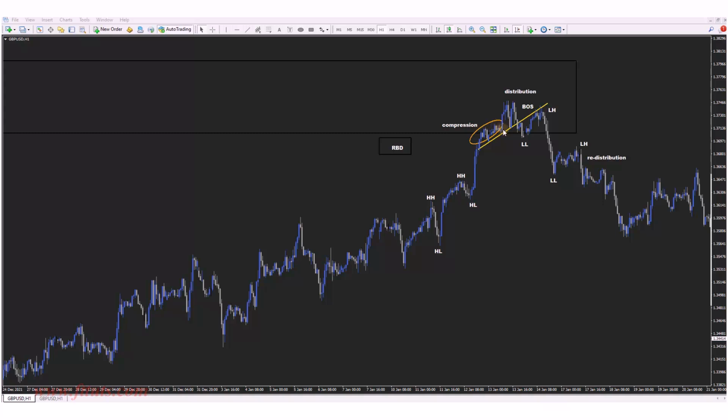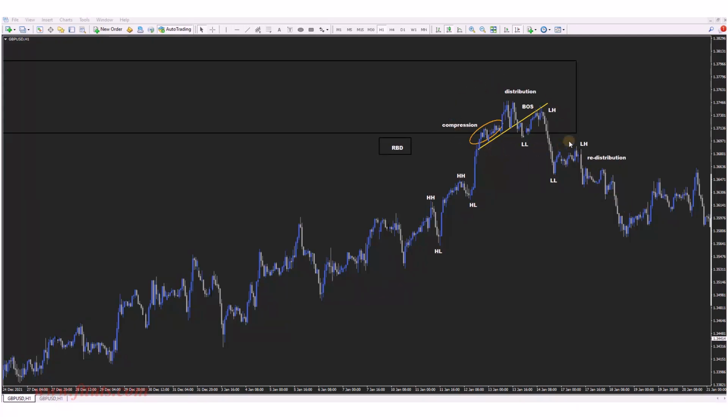Yes, the last demand here was broken and price made a lower low, the first one, then retest as lower high, and then is the change of market.